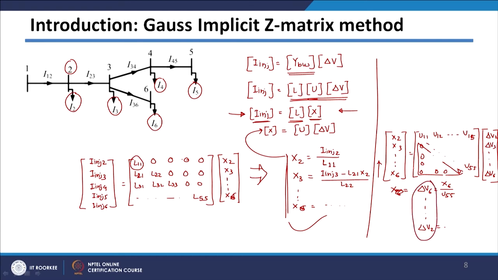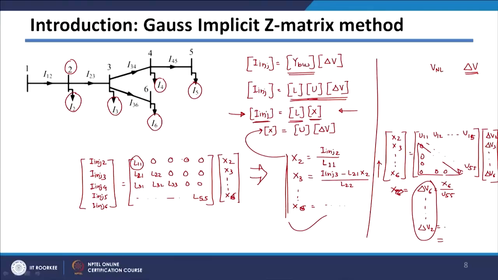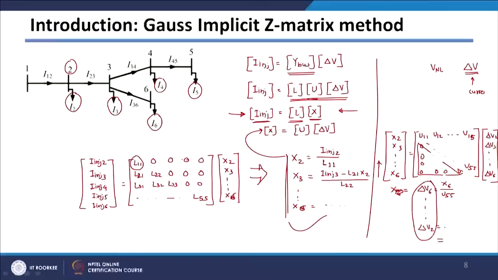Now, you have to apply superposition. After doing this, you have got your delta V matrix, which is just by considering the current sources, and already you have got this V no load matrix, which is just by considering the voltage sources. So this is due to current sources, which are basically loads, and this is due to applied voltage source.